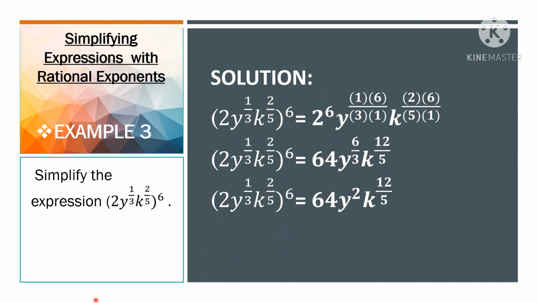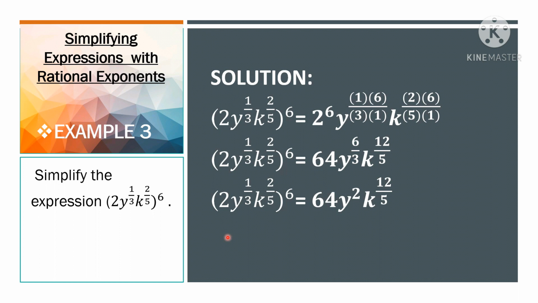Example 3, simplify the expression 2y raised to 1/3 k raised to 2/5 quantity raised to 6. So, dito, ang gagawin natin, i-apply natin yung power to a power rule.